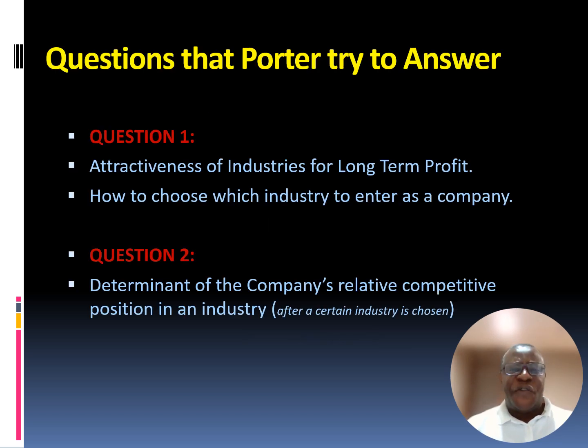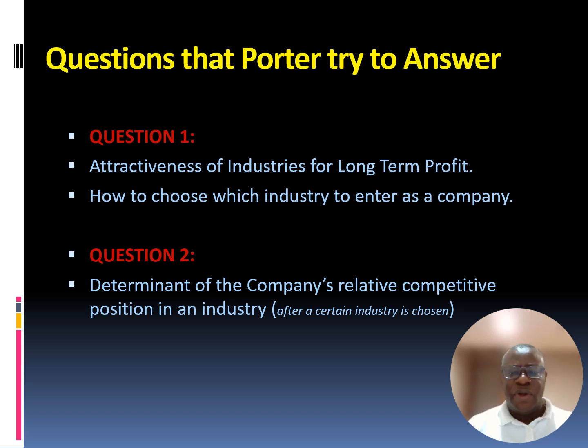First we need to understand that Michael Porter, who was one of the faculty members at the Harvard Business School, was trying to answer two questions. Question one was the attractiveness of industries for long term profit, how to choose which industry to enter as a company.